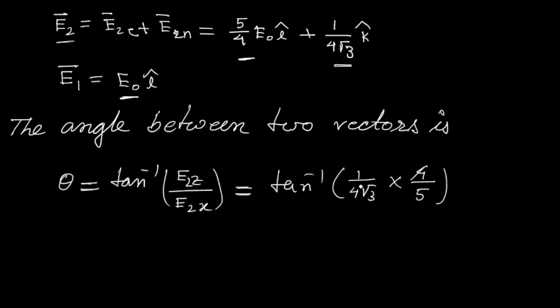The 4s cancel out each other, and from here you get theta equals tan inverse 1 by 5 root 3. So this will be the angle between these two electric fields.